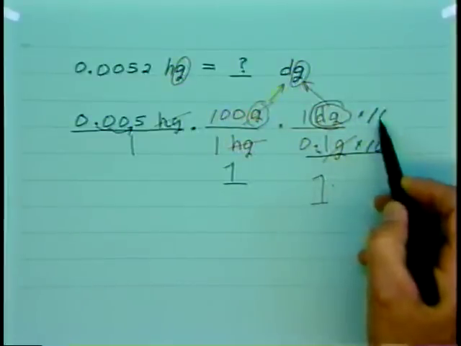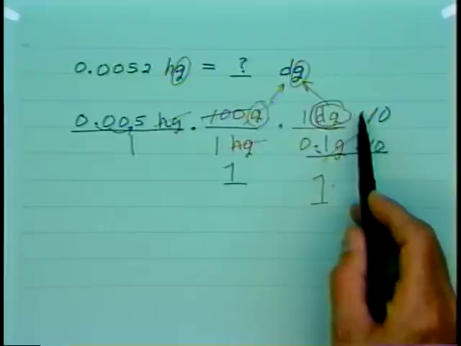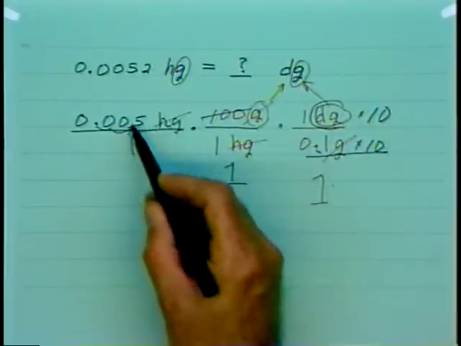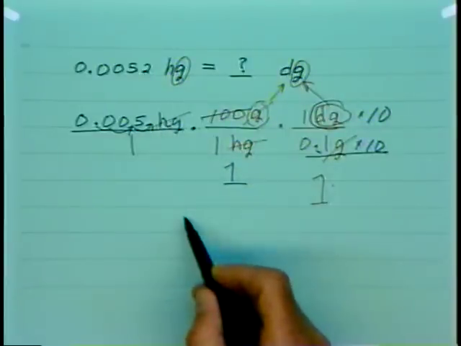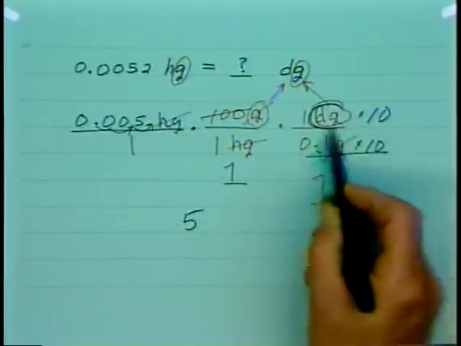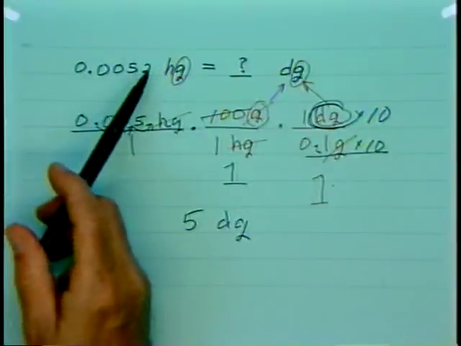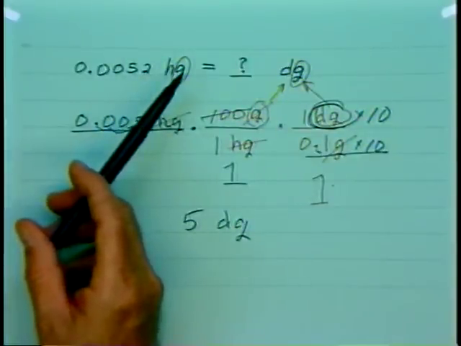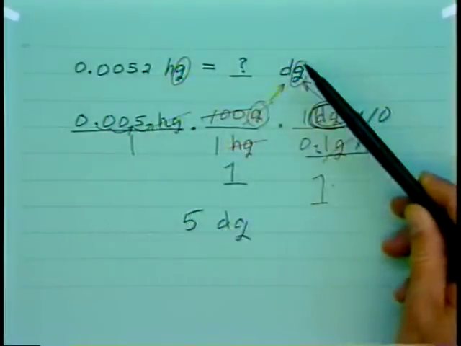But then I would have to multiply the top by 10, which now says to make bigger by 1 more place, which is here. So we end with 5 decigrams. So 52 ten-thousandths of a hectogram is 5 decigrams.